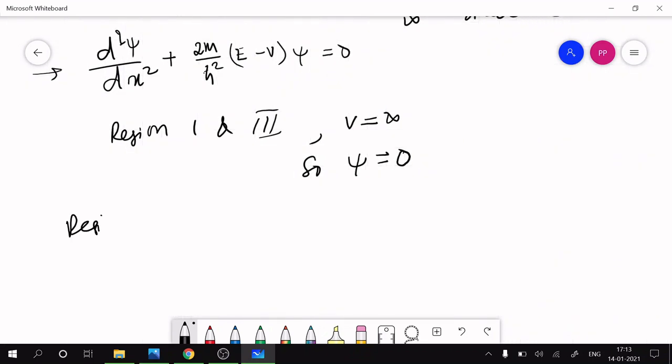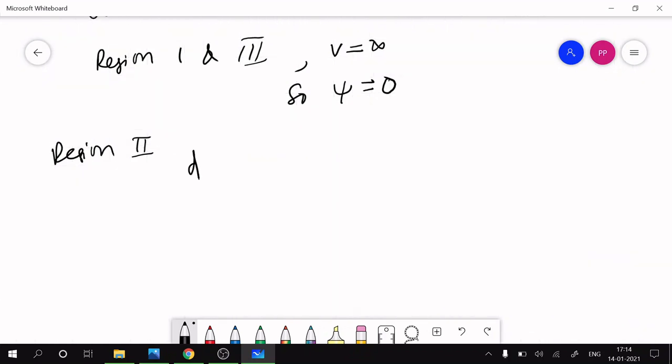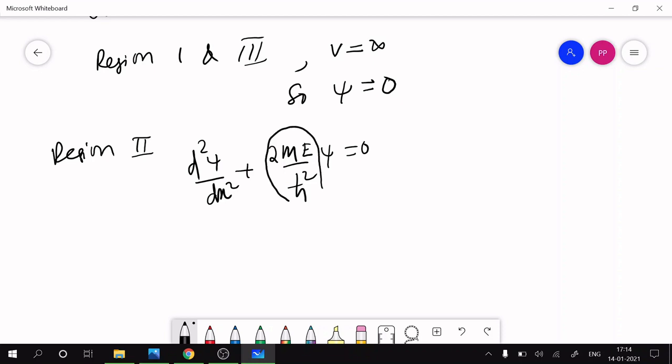For region 2, we put V equal to 0 in the Schrodinger equation, and it becomes simply d²ψ/dx² + 2mE/ħ² ψ = 0, and here we can define this as k².